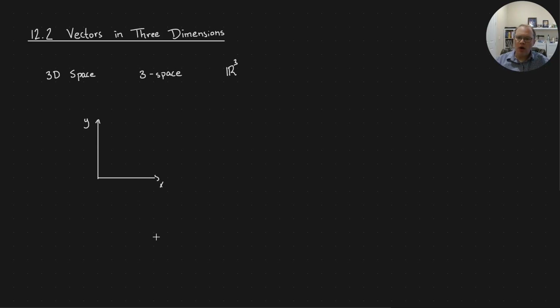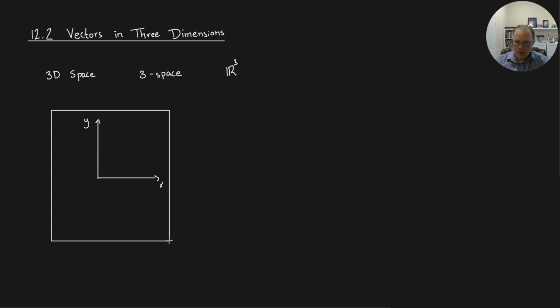Notice I've only drawn the positive portion of the axes. It's a little easier to keep track of them, but the negative parts of these axes still exist. Traditionally, how we represent two-dimensional space is we imagine these 2 dimensions are on a piece of paper, and that piece of paper is lying flat.